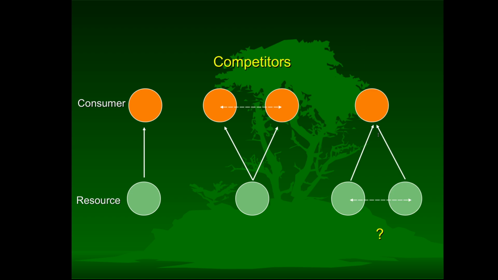Also consider one consumer who consumes two resource populations. What kind of interaction occurs between these two resource populations? Well, if one resource increases, it might increase the fitness and therefore abundance of this consumer. And the more abundant consumer here might reduce the fitness of the other resource as a result. So increasing the fitness of one resource indirectly reduces the fitness of the other resource.